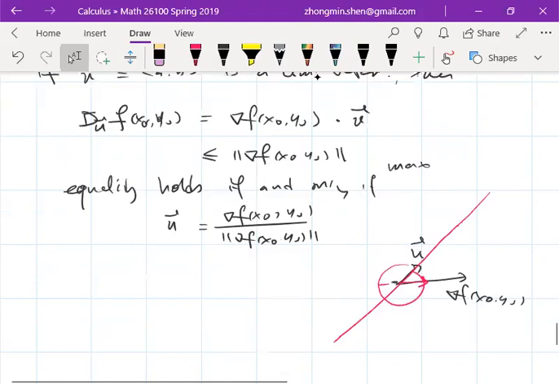So let's take a look at the following problem, number 22.